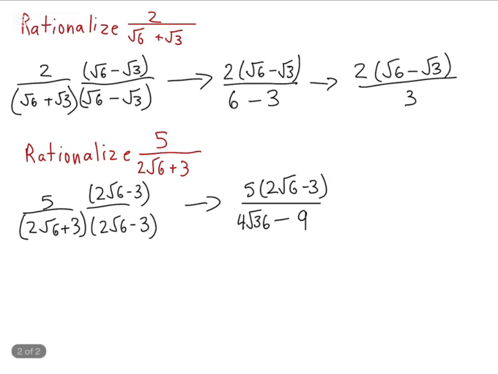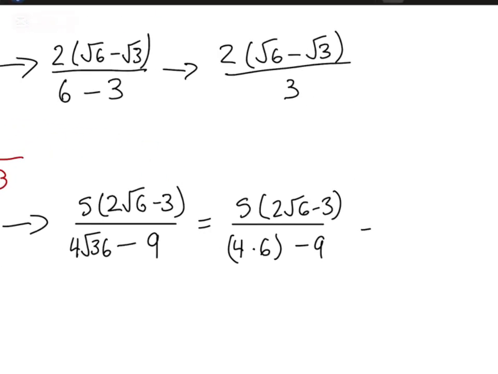Okay, from here, now we can simplify this bottom, as this is 4 and root 36 is 6 times 6. So it's 4 times 6 here, minus 9 still, and then in the top it's 5 times 2 root 6 minus 3. Now simplifying even further, 24 minus 9, and 5 times 2 root 6 minus 3.